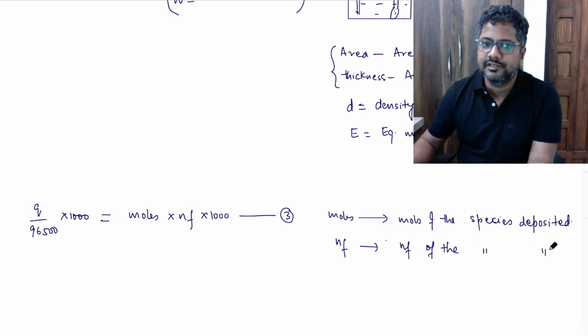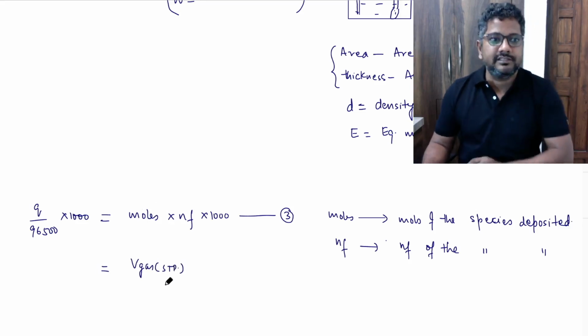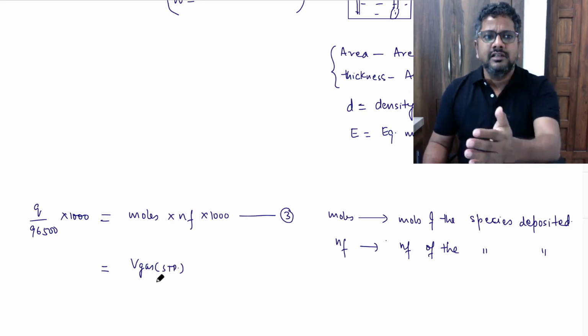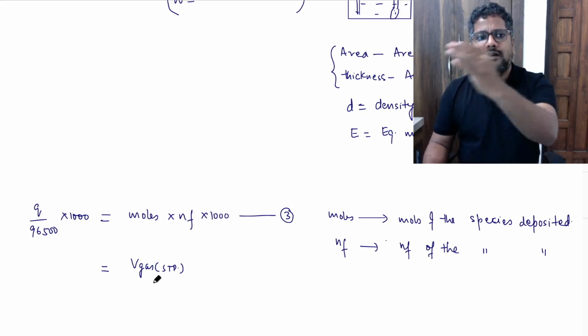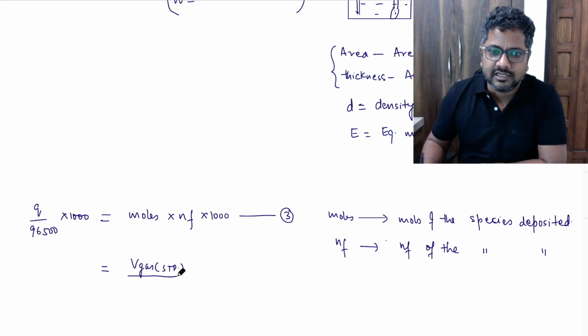Now in place of moles you can take the volume of gas at STP, because sometimes gaseous species are evolved as a result of electrolysis. So you can use this formula directly. Don't first convert to grams, then moles, and then volume. Moles of the gas is the volume of the gas divided by 22.4.